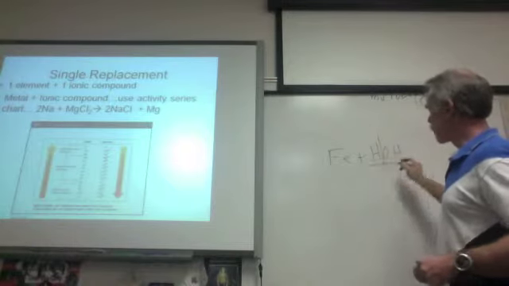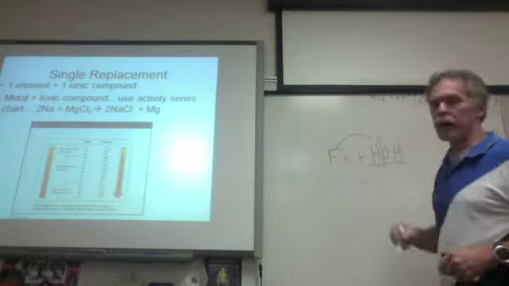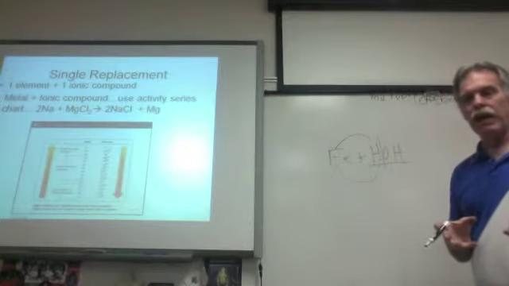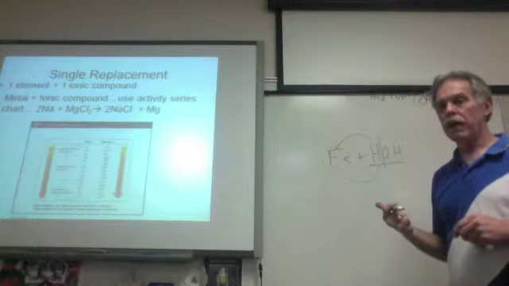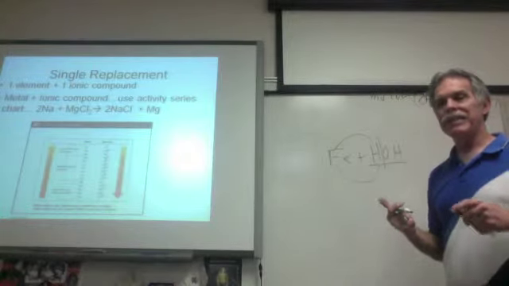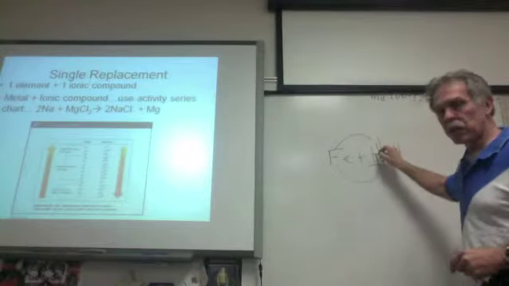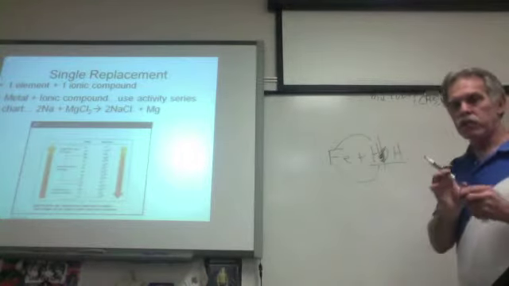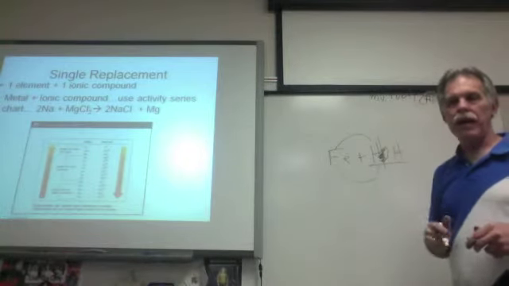Draw a line after the first capital, and that leaves Fe and hydrogen. Now you look at it and say, okay, iron is above hydrogen, so it should take the hydrogen's place, but it's not strong enough to break this hydrogen bonding and steal that H. So make sure you pay special attention to that little statement next to your activity series.